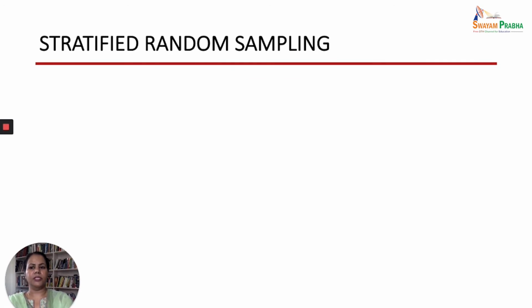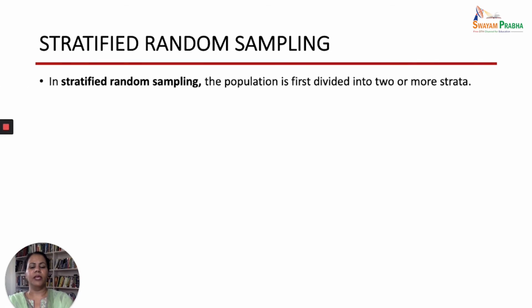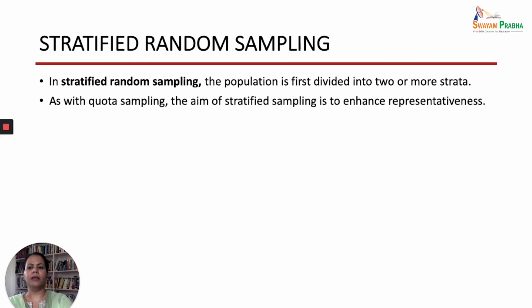Another important type of probability sampling is stratified random sampling. Stratified random sampling involves where the population is first divided into two or more strata. I have already talked to you about the strata. Strata means you are dividing your population into different segments or groups. This stratified random sampling is more or less the same as quota sampling.